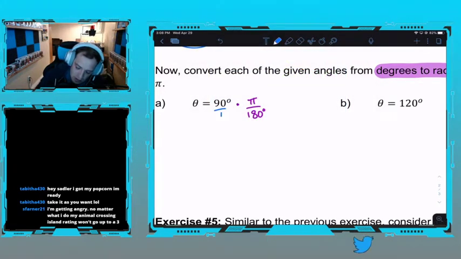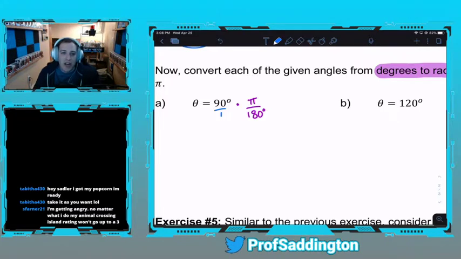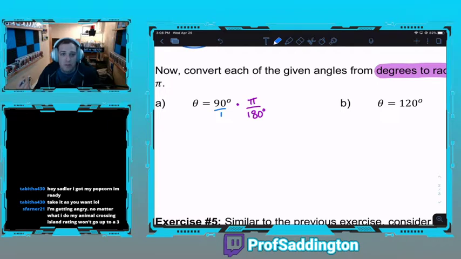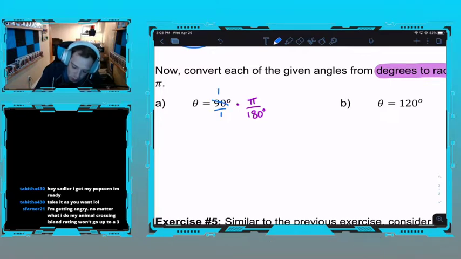And we did something with fractions going back a few weeks ago. I mean, I keep saying a few weeks. This was a month ago now. We did something called cross canceling. So if you have 90 on top and 180 on the bottom, you can cross reduce those because 90 fits into both of them. So I could divide the top number by 90 and I'll be left with 1.